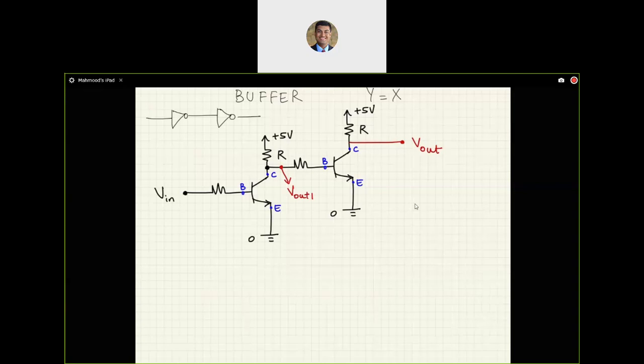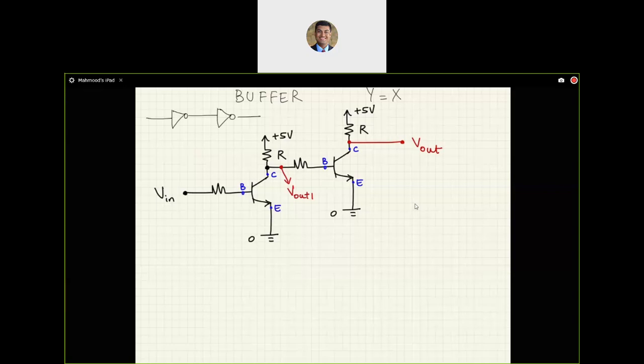The output of the first NOT gate is feeding into the input of the second NOT gate, and we are actually monitoring the output, or the collector voltage, of the second transistor. So that's going to be equivalent to placing two NOT gates back to back, which is going to give us the buffer. So in this case, V out.